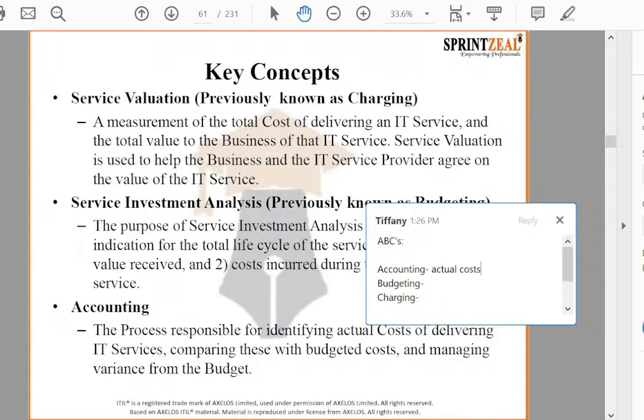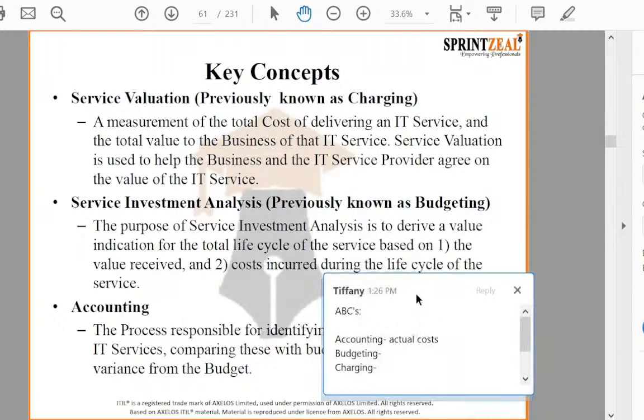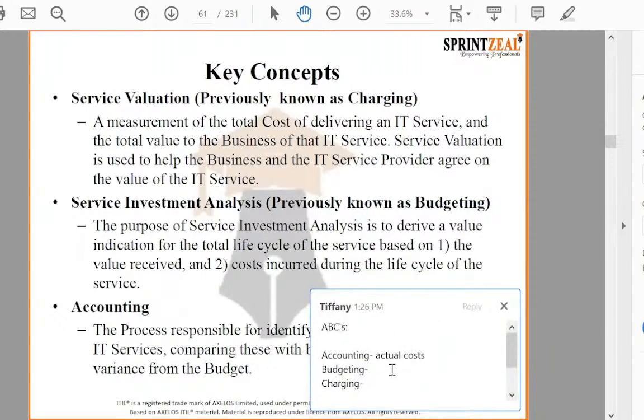Your budgeting is what you plan to spend, right? We're looking at the derived value indication for the total life cycle of the services based on the value received and the costs incurred. So that's what you plan to spend.